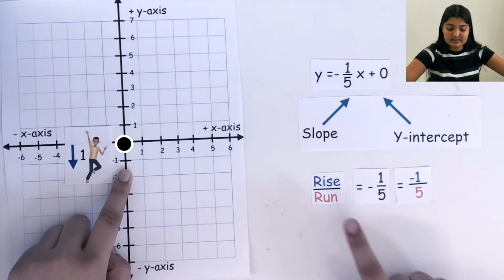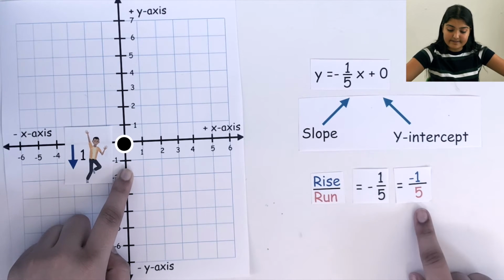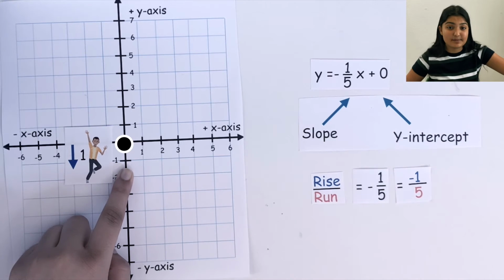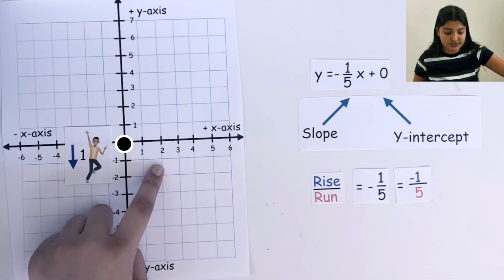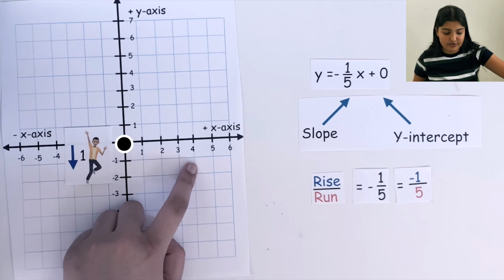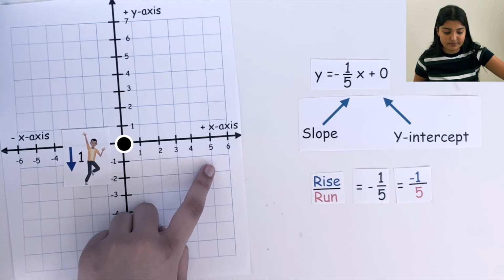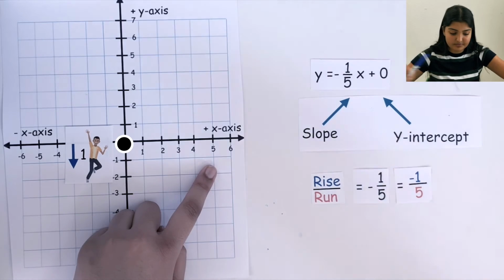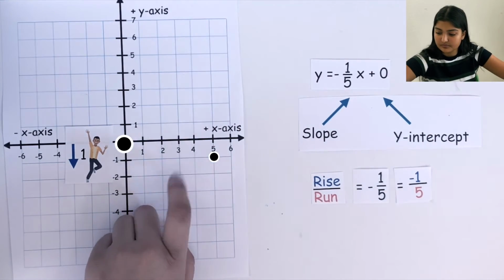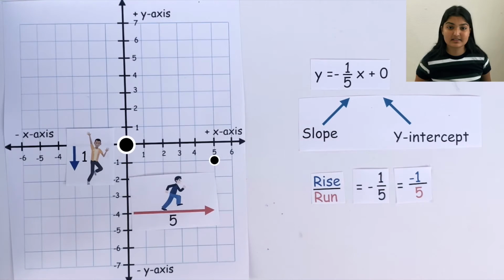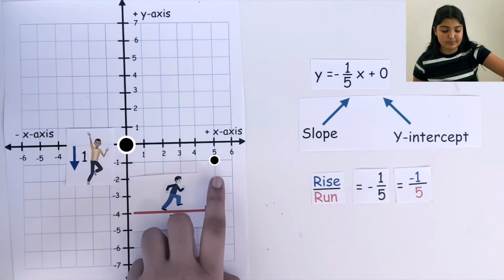From there, let's run 5 units in the positive direction. 1, 2, 3, 4, 5. This gives us a second point here.